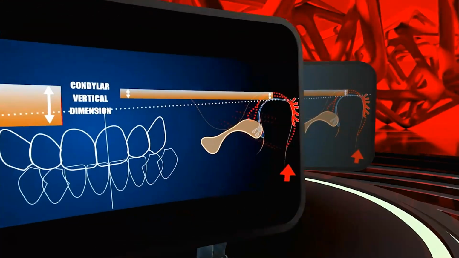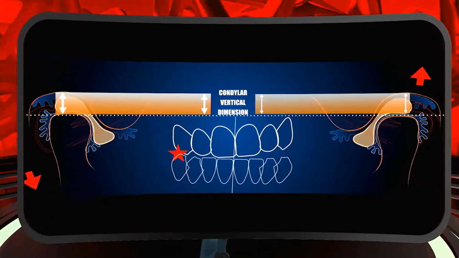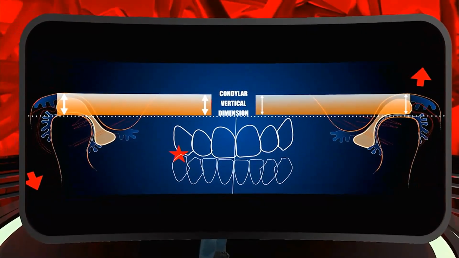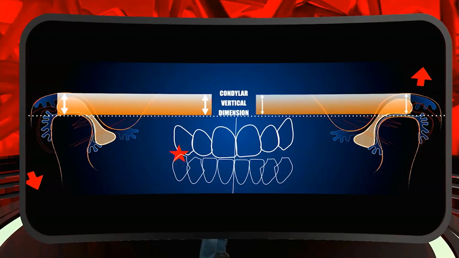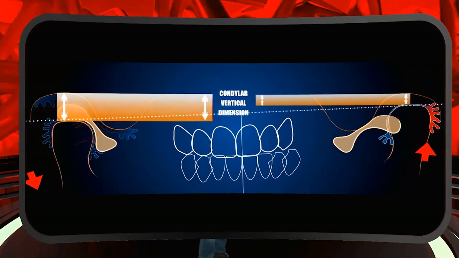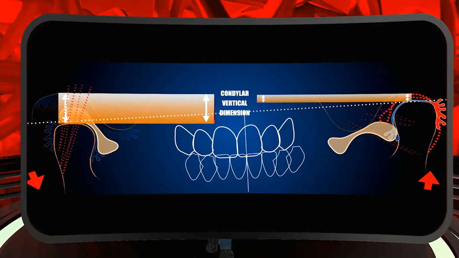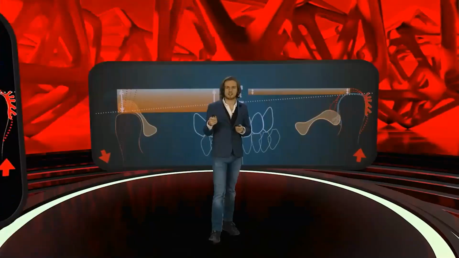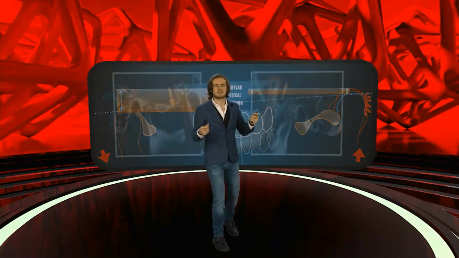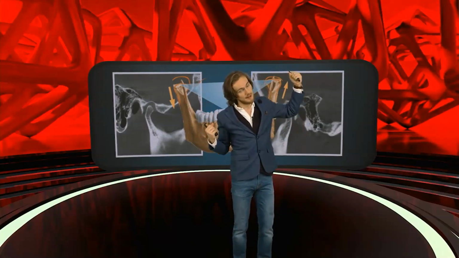So one more time, I will go back, take a look. We start from here, we bite strongly, and then our occlusion is changing, and then our condylar vertical dimension is changing, and then we can see something that looks like this. So one condyle is going down, another one is going up.